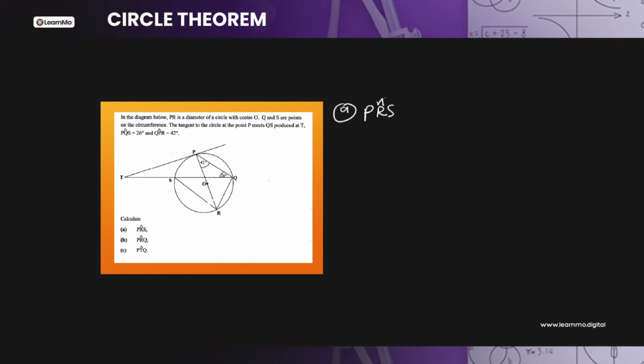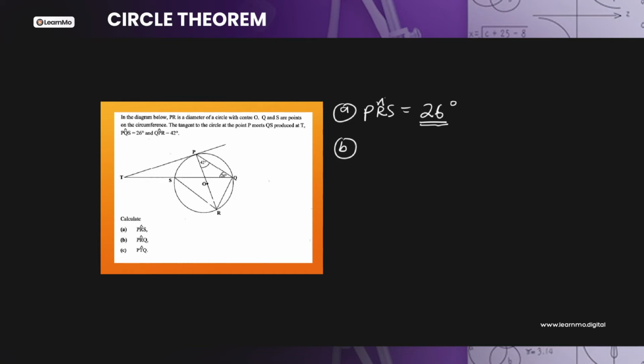It's coming from the point where the 26 is coming, and the other base is also coming from the point where the 26 came from. So we can conclude to say PRS is 26 degrees as well. From there, you've solved your first question.